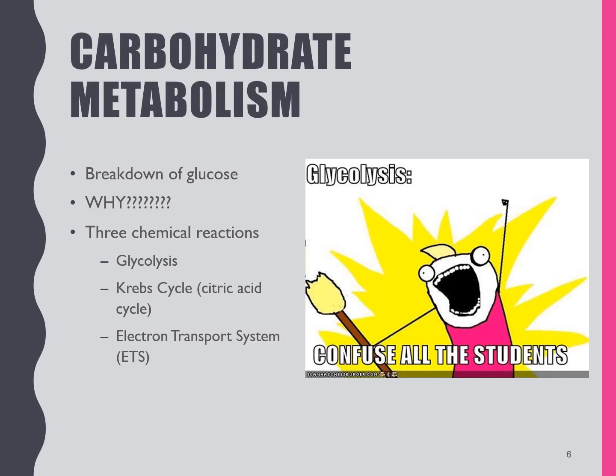The first step is glycolysis. The second step is the Krebs cycle, or we refer to it as the citric acid cycle. And then the third step is the electron transport system, which results in 36 amazing little power units called ATP, or adenosine triphosphate. So we're going to break down that process and talk about it in detail.